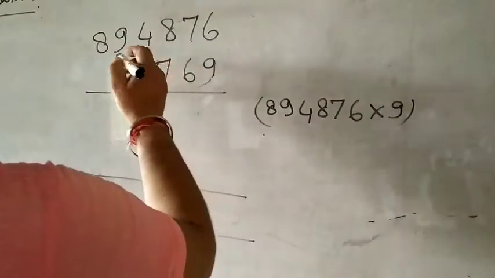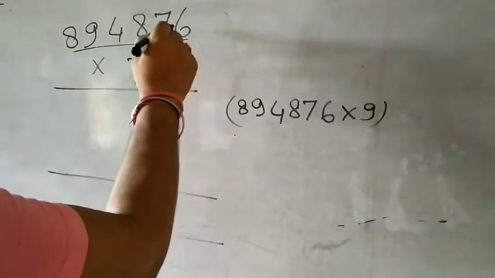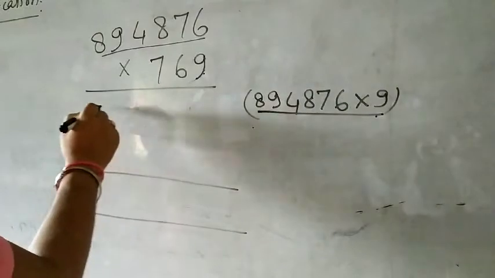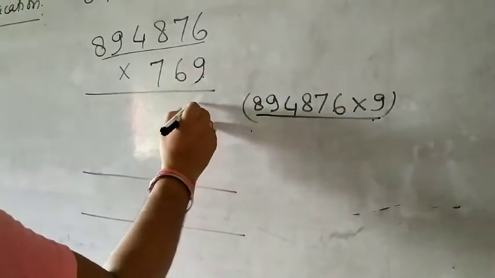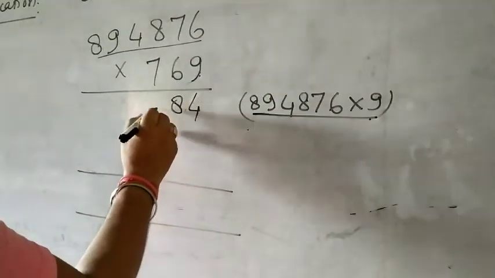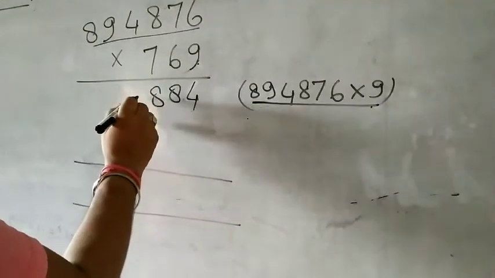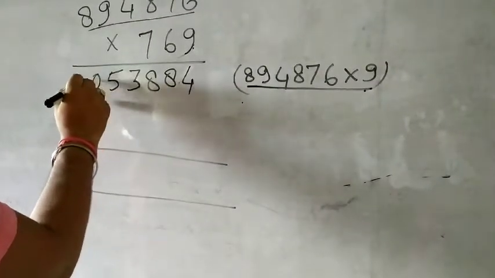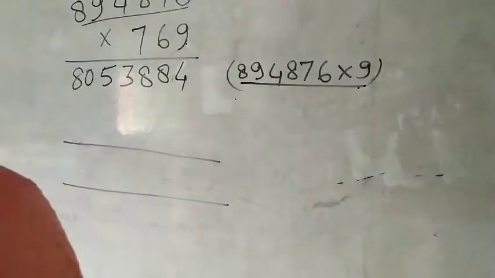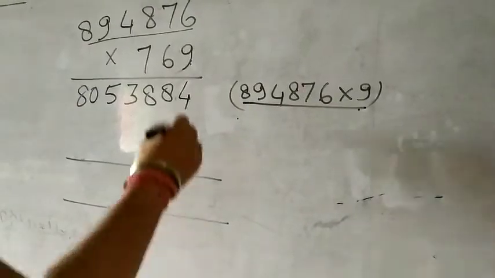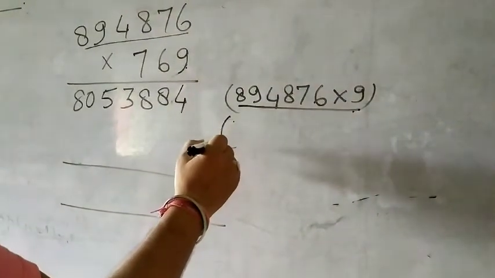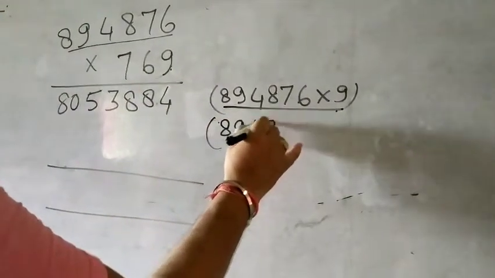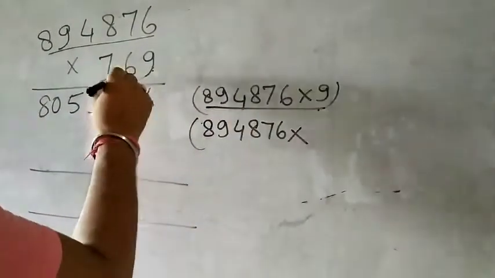When we multiply 894876 by 9, here we write the resultant. So next term, here we should multiply 894876 into the second term.